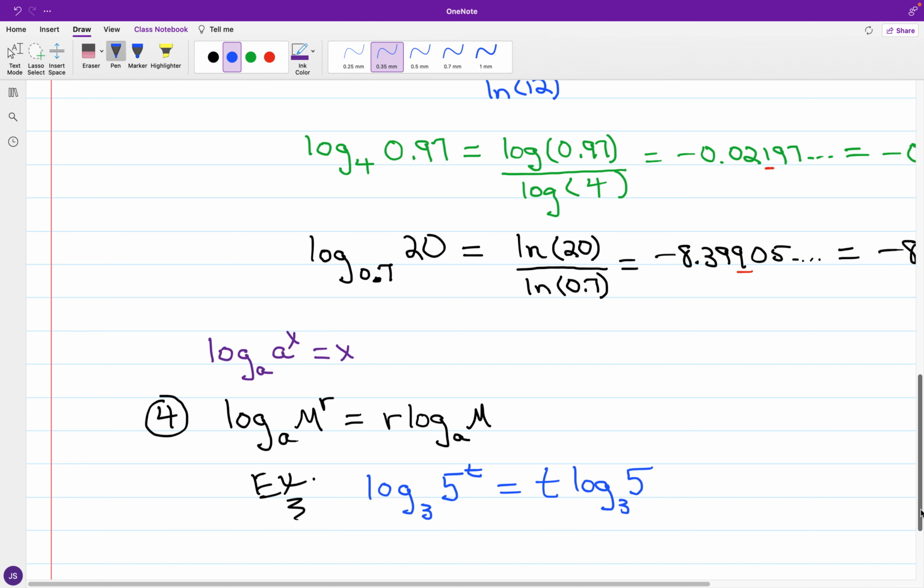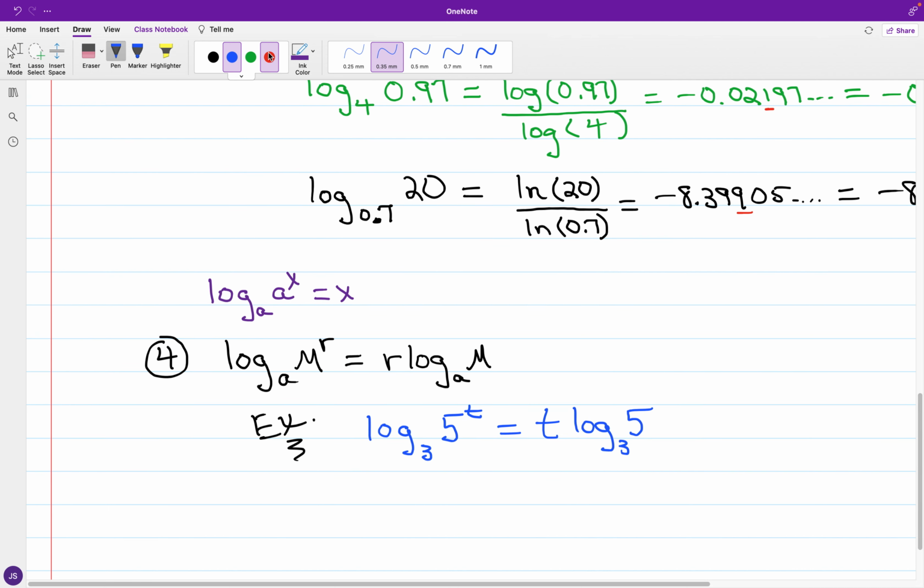And let's say we have something like the base 2 logarithm of the quantity x plus 4 raised to the third.